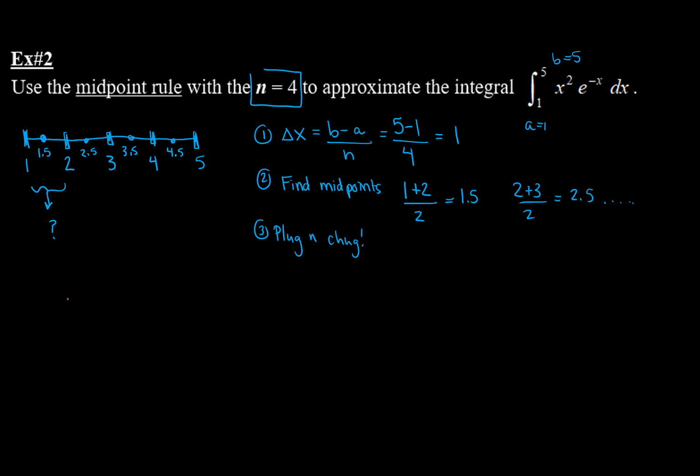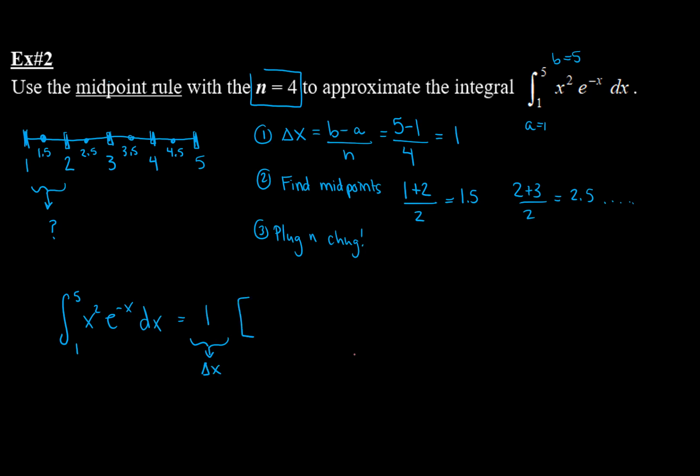So we are approximating the integral from 1 to 5 of x squared e to the negative x dx. What we're going to do is the sum of all the values, remember? So delta x goes in first, and that's 1.